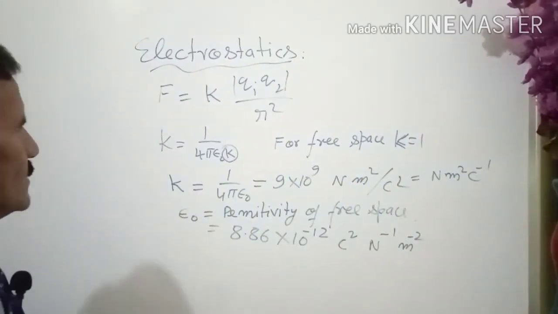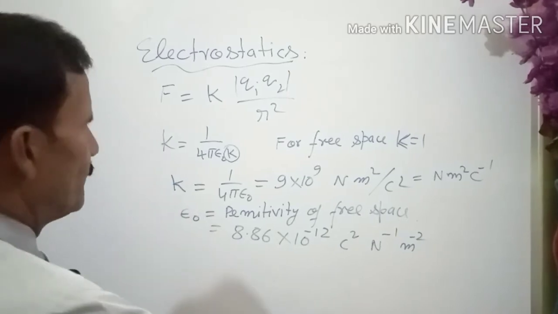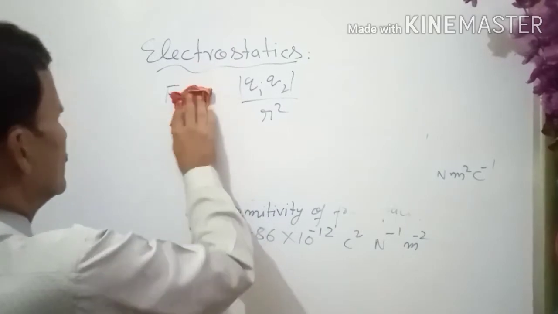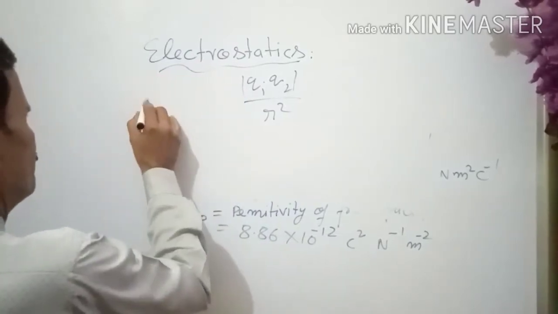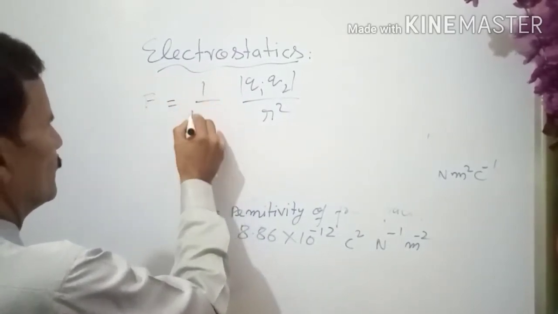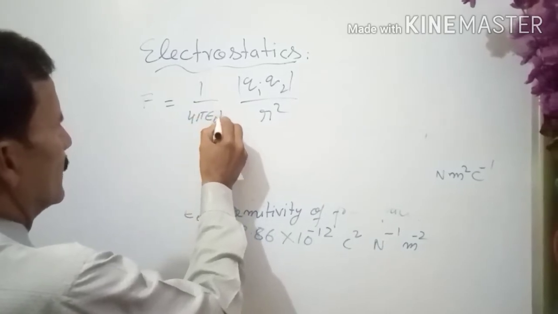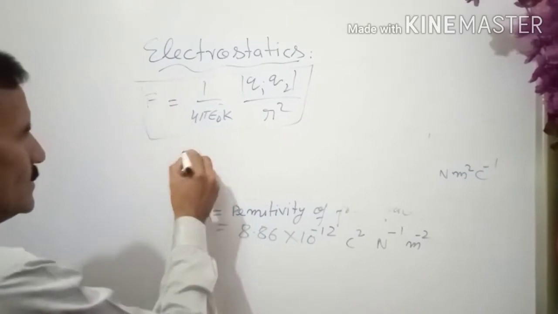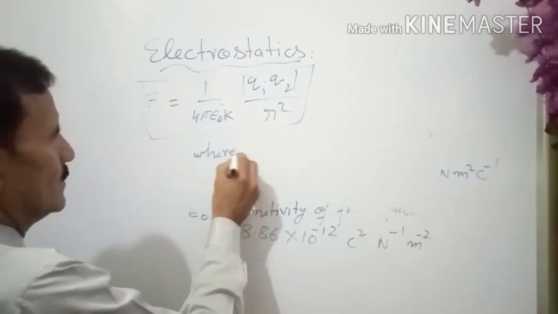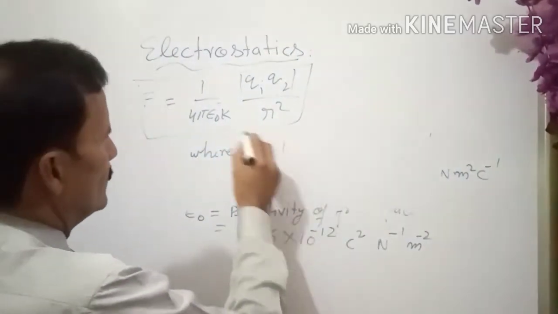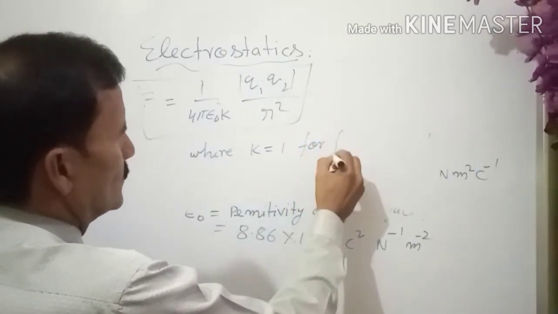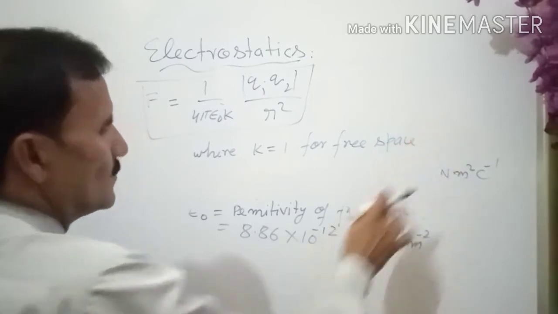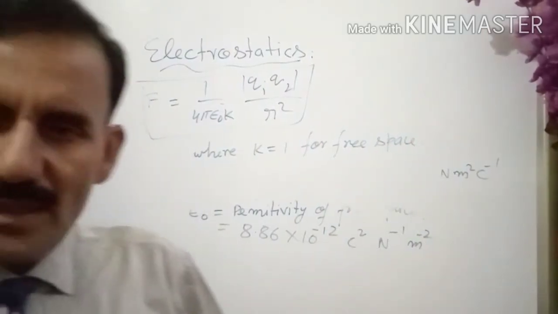So what is the final expression for this force? F is equal to 1 upon 4 pi epsilon naught K, Q1 Q2 upon r square. This is the force between two point charges, where K is 1 for free space. Free space means vacuum, or air.